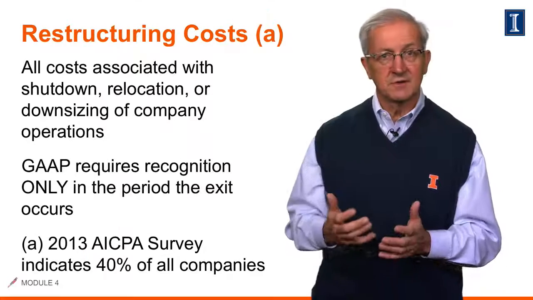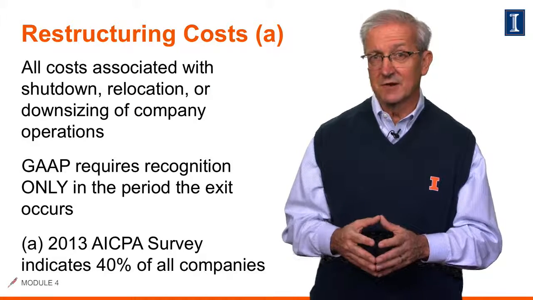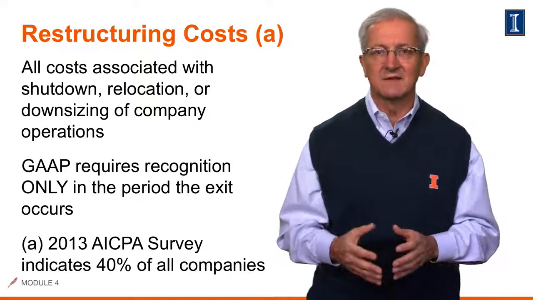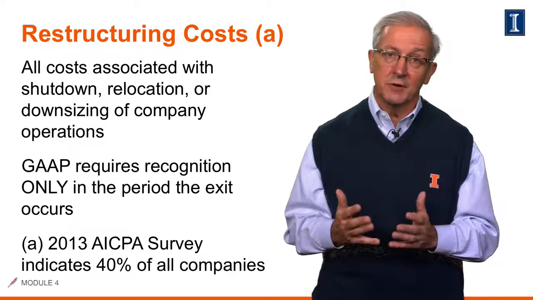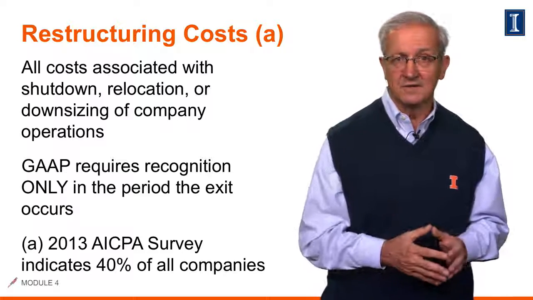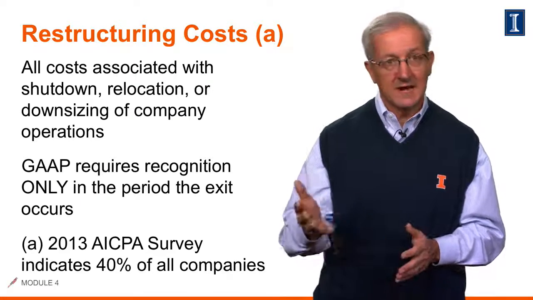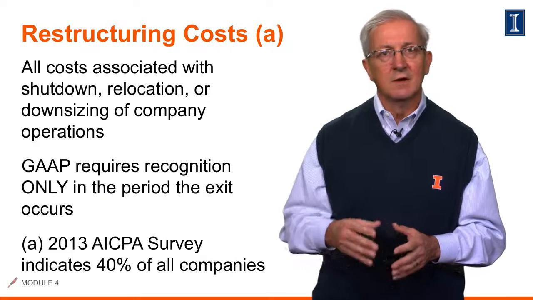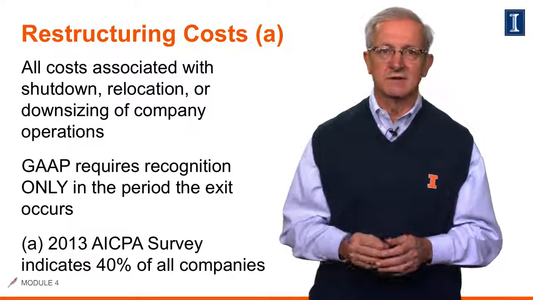Keep in mind restructuring cost, as we discussed, involves the costs associated with the shutdown or relocation of facilities or downsizing of our operations. So you want to know how common are these costs? Well, pretty common. 40% of all companies have these types of costs, per a recent AICPA survey. Per GAAP, or Generally Accepted Accounting Principles, we have to recognize this in the period the exit or disposal cost obligation is actually incurred.